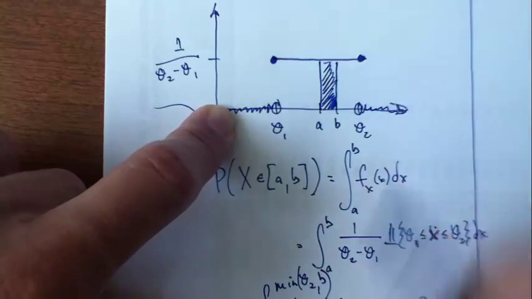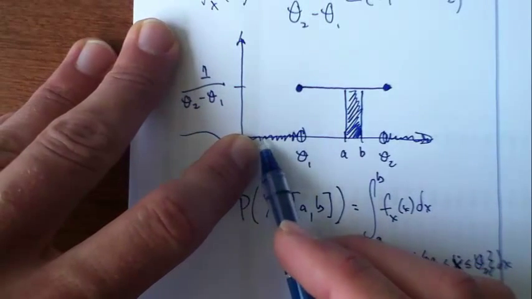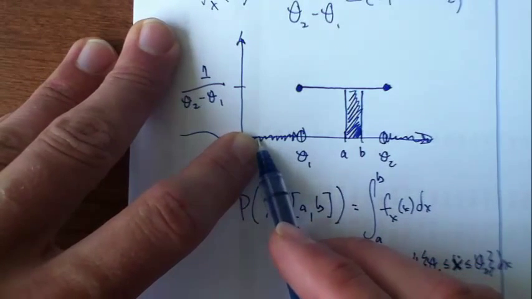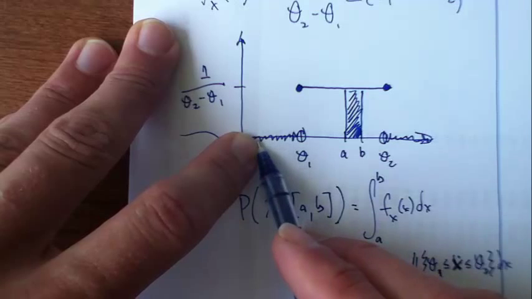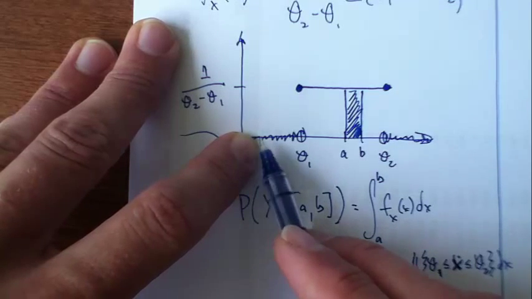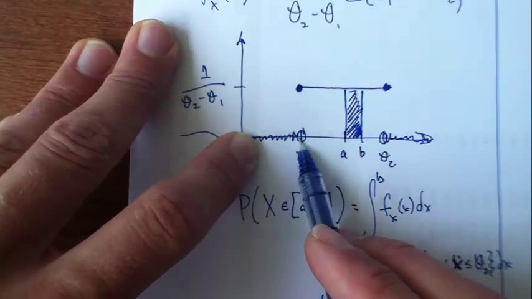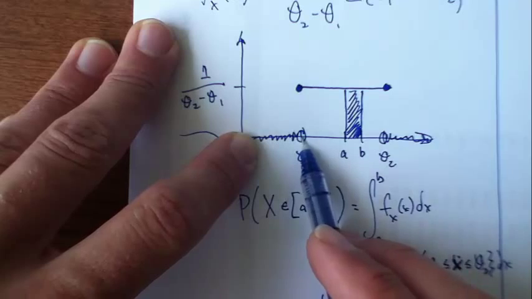So then if I want to integrate the density function starting down here somewhere, if A is below theta 1, then essentially, because the density function is 0 there, I just need to start at the maximum of A and theta 1, and just integrate from here on up.